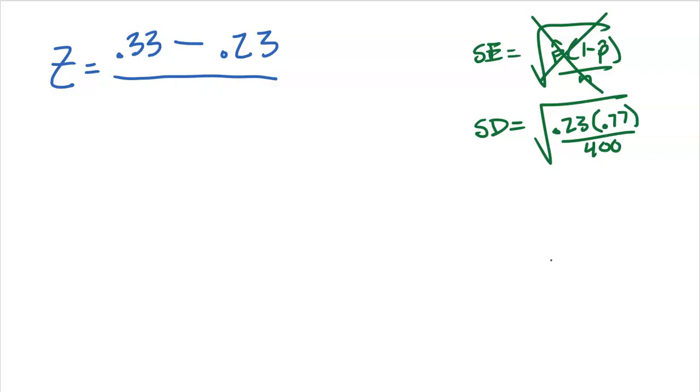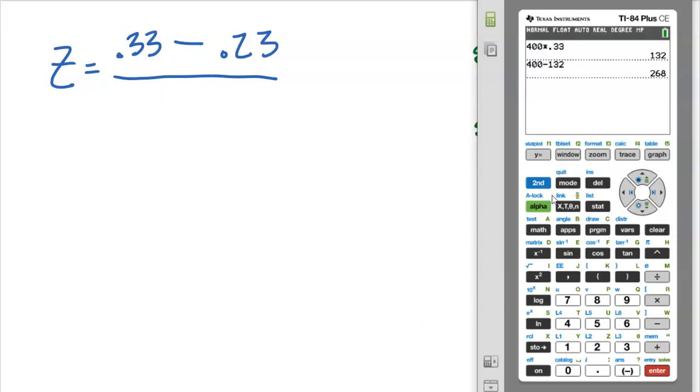I'm going to use that value. Why? Because I am supposed to assume through that null hypothesis that the truth is 23%. And anytime you know the truth, you should use it in calculating your standard deviation. It's when you have no idea what the truth is that you end up having to use standard error.